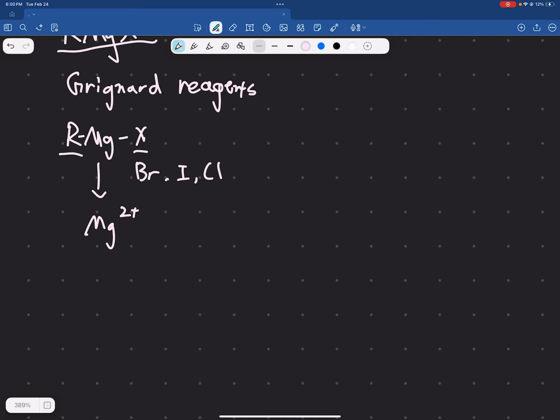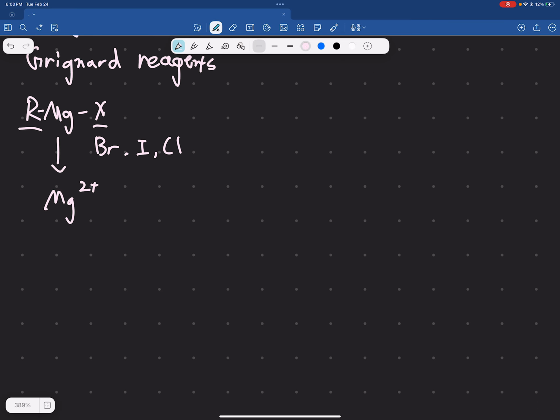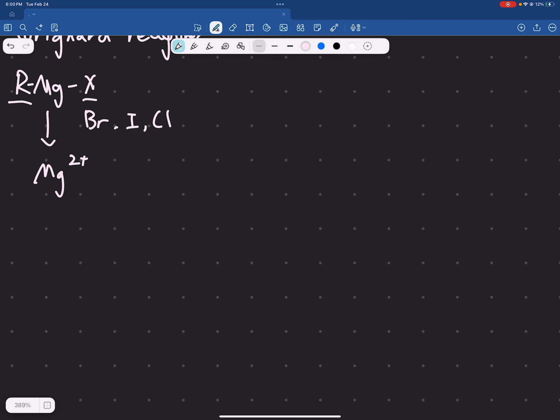R is just whatever compound this is attached to. So this compound is generally prepared via a slow addition of an alkyl or alkynyl halide to a suspension of a slight excess of magnesium metal in diethyl ether or THF, tetrahydrofuran.